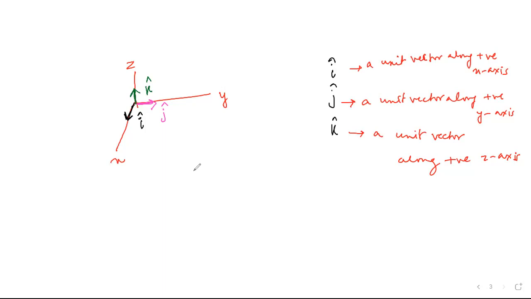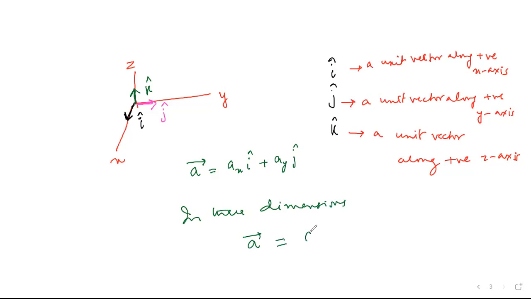We have a notation. I can write A as ax i cap plus ay j cap. Now in 3 dimensions, we have 3 components. We have az as well. Then I can write A as ax i cap plus ay j cap plus az k cap.